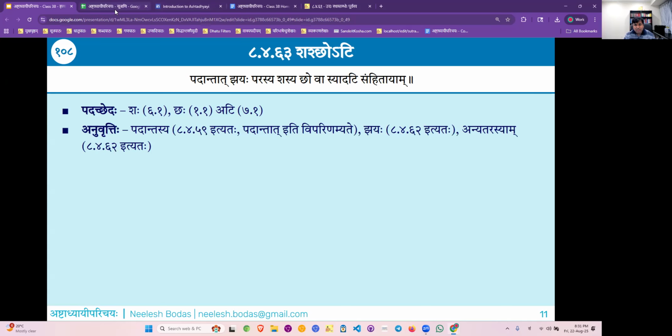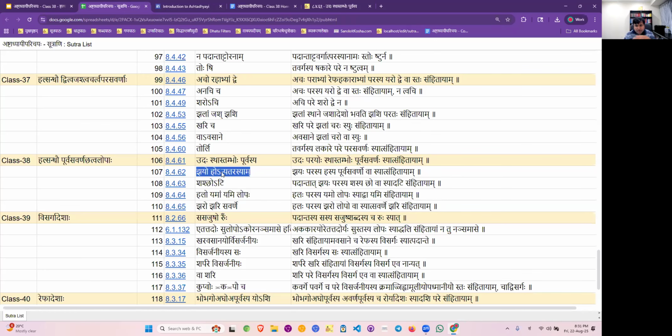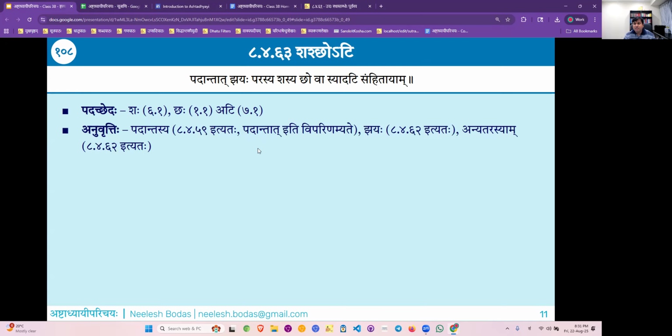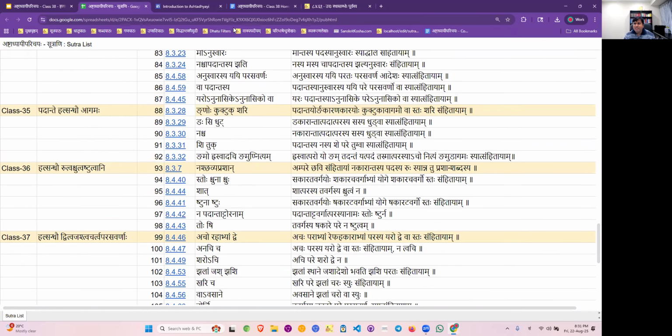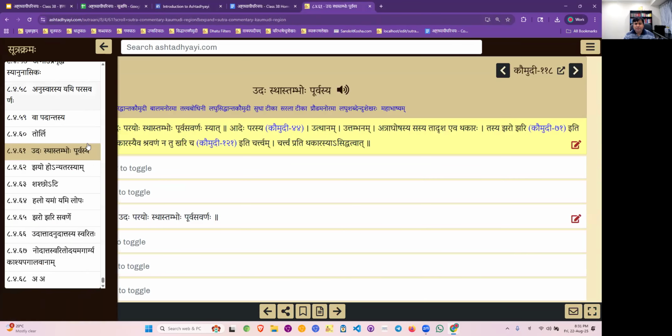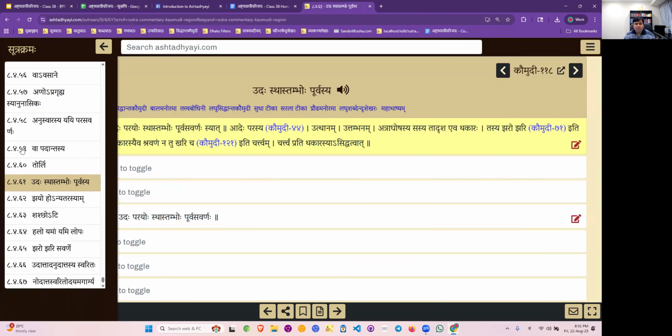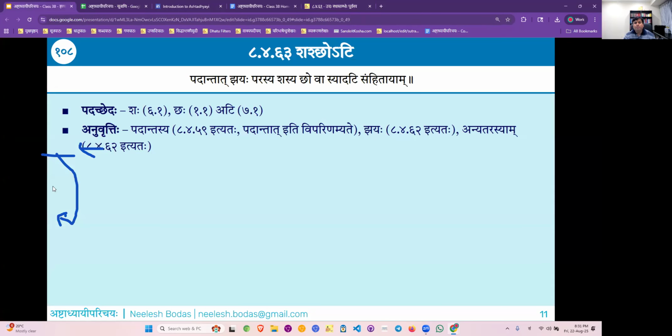Padantasya iti anuvritti asti. Worth mentioning because for the previous ones we did not discuss this particular anuvritti. Padantat iti viparinamyate: padanta va padantasya iti sutram asti, asmat padantasya ityasya anuvritti comes, anuvritti or mandukapluti, whatever you want to call it, comes to shashtho ti, and it changes to padantat.